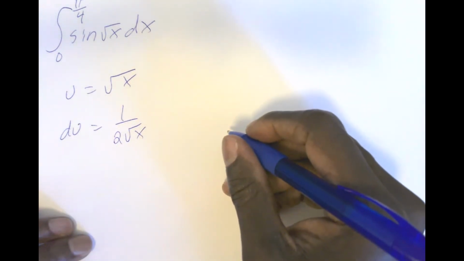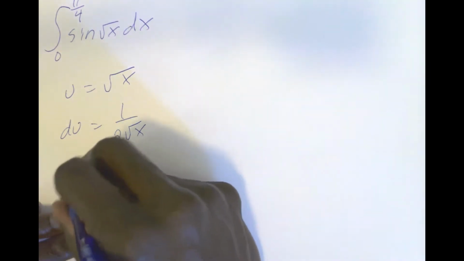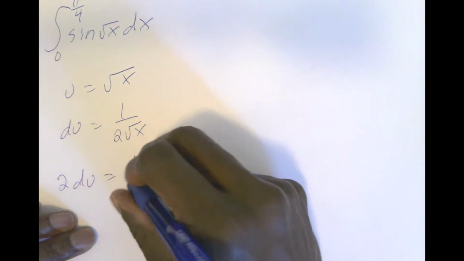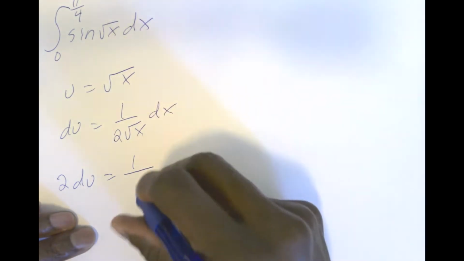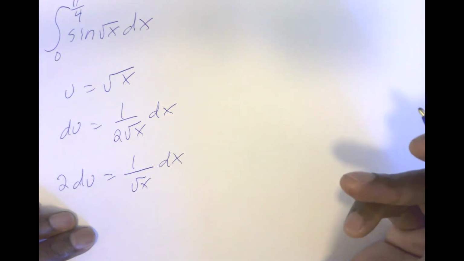So du would be 1 over 2 times the square root of x, which means 2 du would be 1 over the square root of x dx.